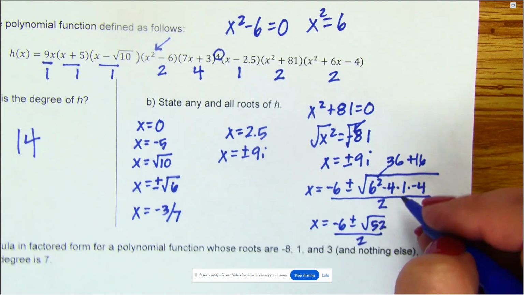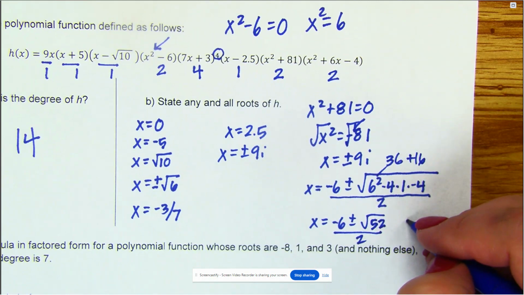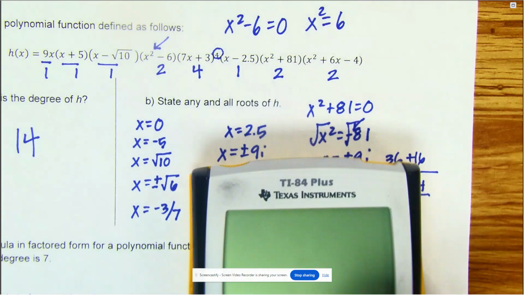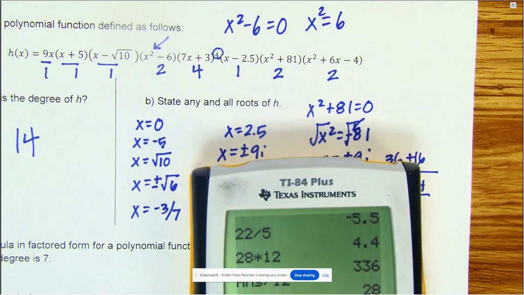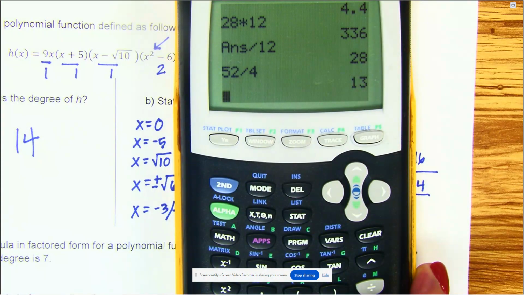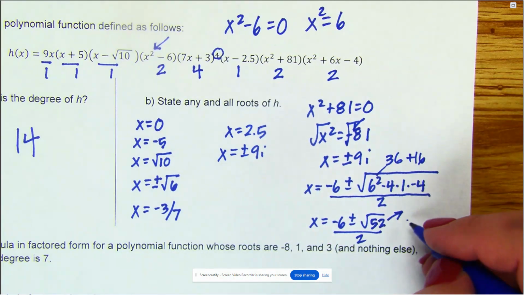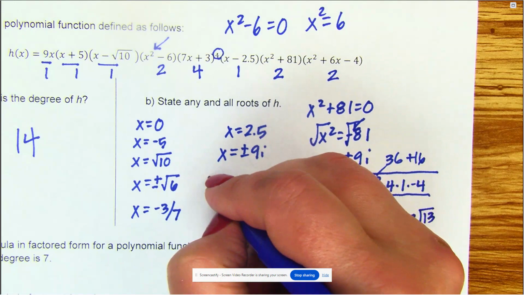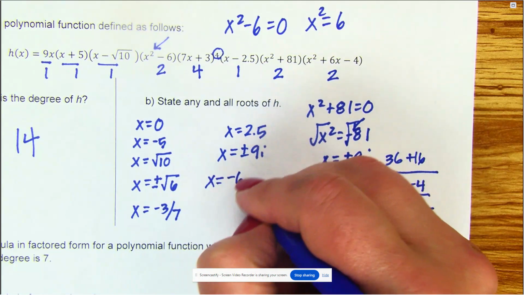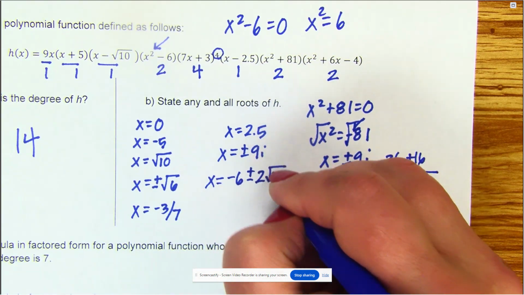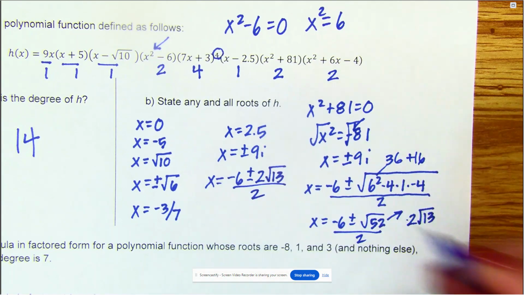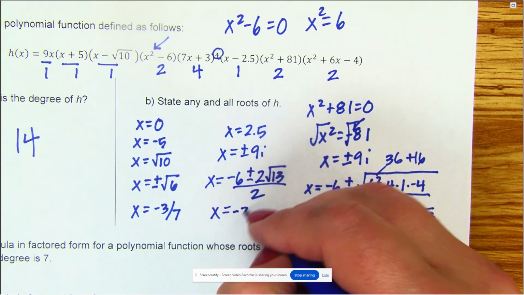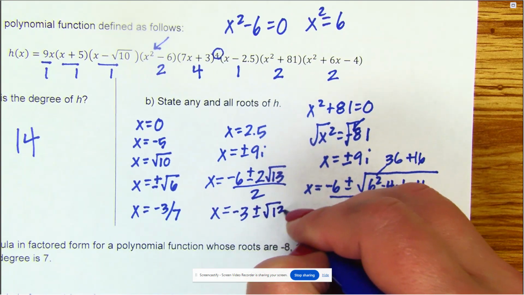You could clean that up. 52 divided by 4 is 13, so 2 root 13. So I'm going to write this final answer. Negative 6 plus or minus 2 root 13 all over 2. Oops, it can still be simplified because of the 2. So actually, negative 3 plus or minus the square root of 13.